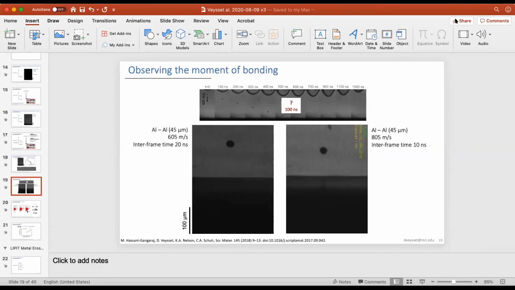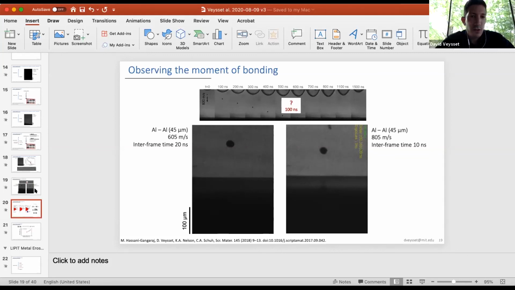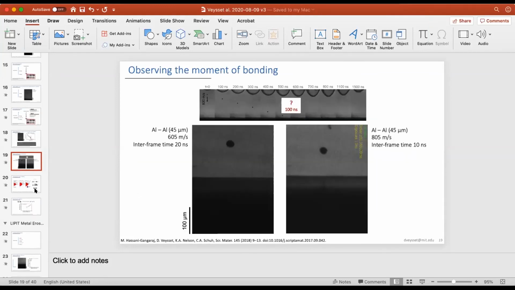So my question is, if your substrate is a melt pool, it means your substrate is liquid. Because now you spray your solid particle onto a solid substrate, right? Yeah, that's right.